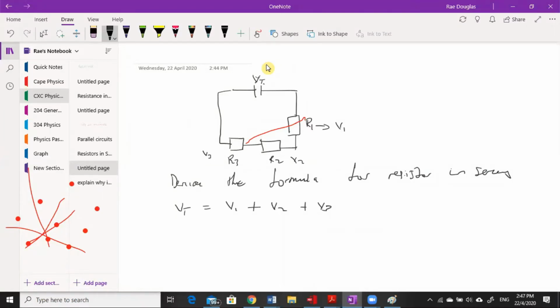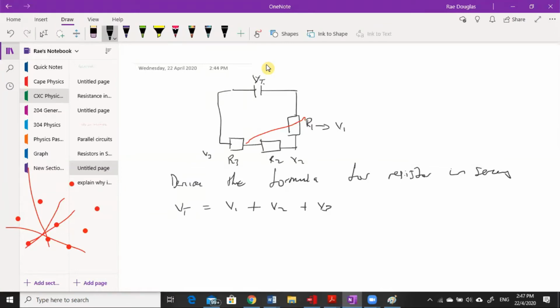Total voltage. This is where I need to start from. I need to start from the fact that whenever I have a circuit, my voltage is going to be divided up across the different resistors.